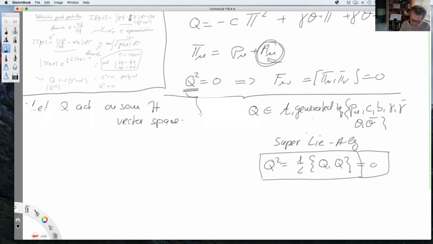However, then he noticed another thing. He said, well, let us go a little bit further. Let us specify precisely what this vector space is. And what he said is, well, let us do the following thing.